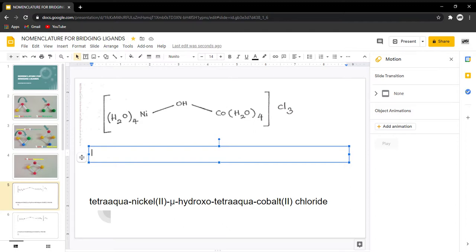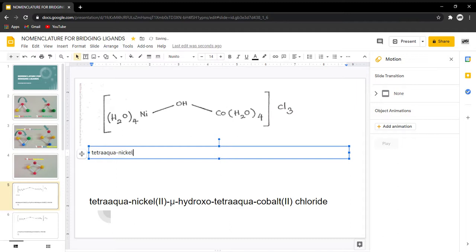So how should I give the name, from left to right? For that, what group is present on my left-hand side? Tetraaqua, am I right? Tetraaqua nickel. I'm opening and closing the bracket. Let us fill that later.